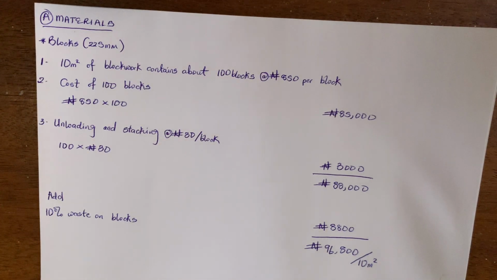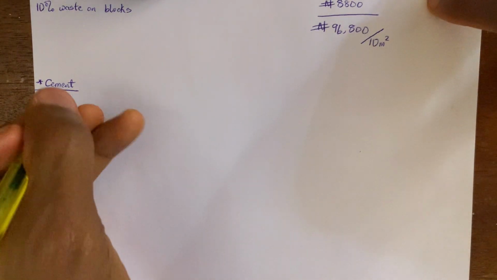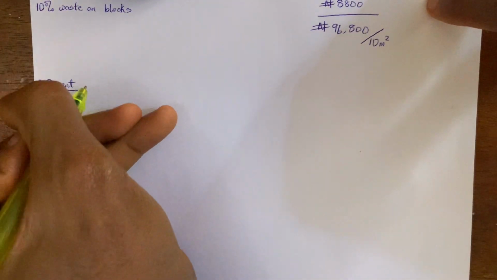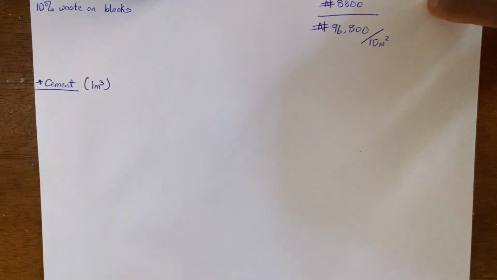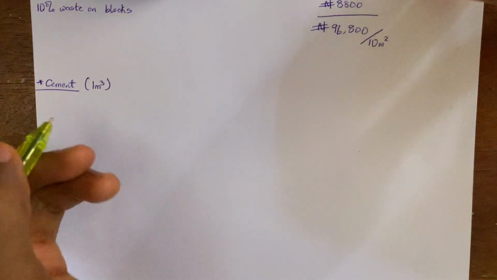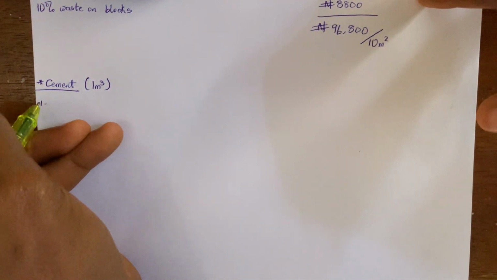So after doing this, we will now go to the next material, which is our cement. The next material is our cement for our mortar, and the mix is 1:5. So cement will be having a ratio of 1 meter cube. So 1 meter cube part of cement is what we're going to be needing to mix our mortar.